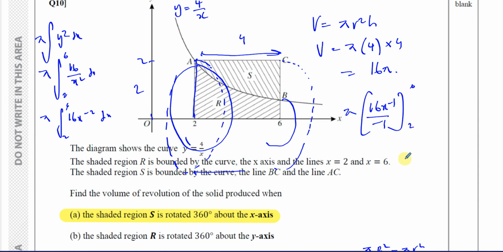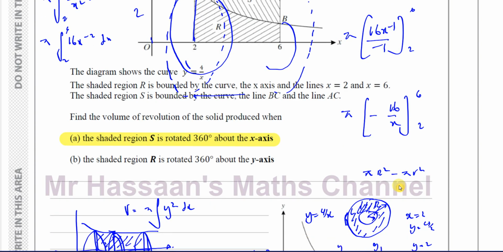Now, when we substitute the values in, you'll end up with pi, and you're going to have minus 16 over x, 6 and 2. When we put those values in, you'll have pi times minus 16 over 6, which is minus 8 over 3, minus, and when you put 2 in here, it'll be minus 16 over 2, which is minus 8.